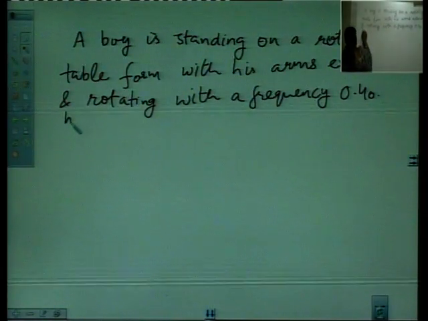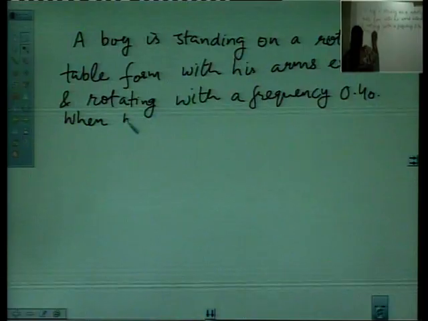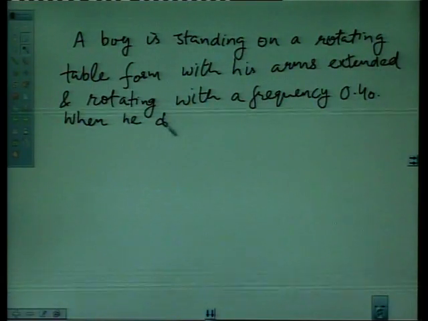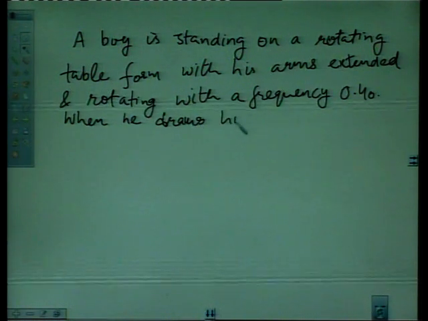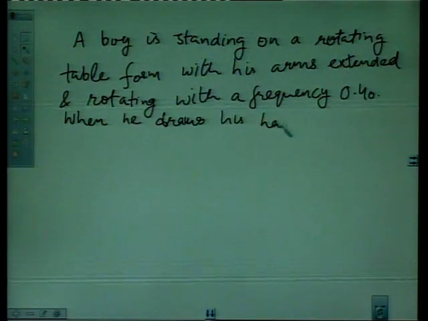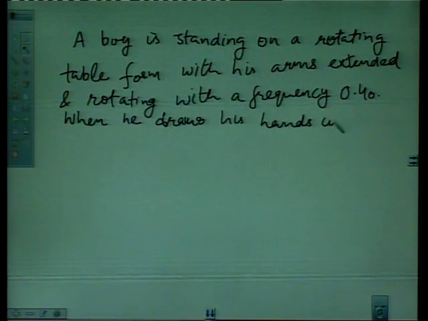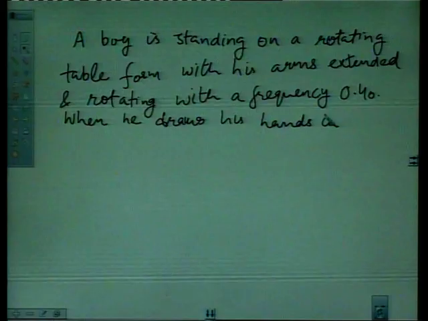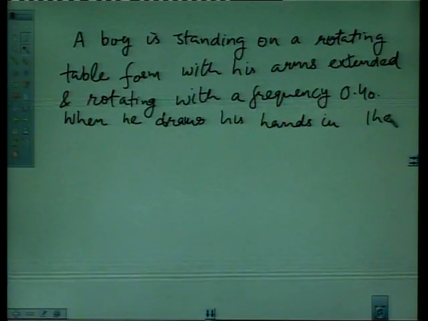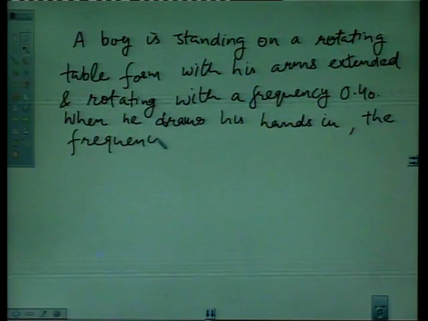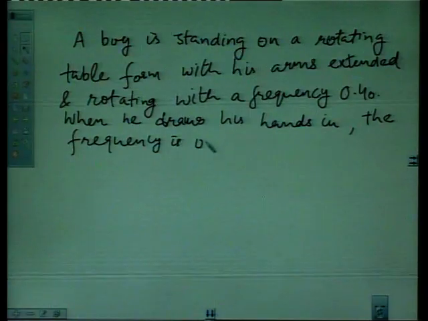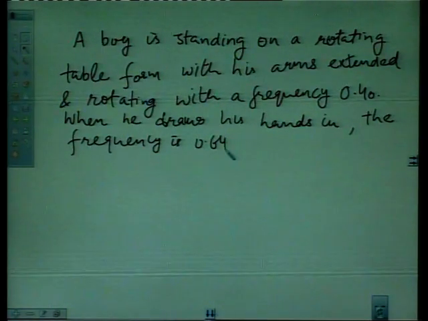When he draws his hands in, the frequency is 0.64.